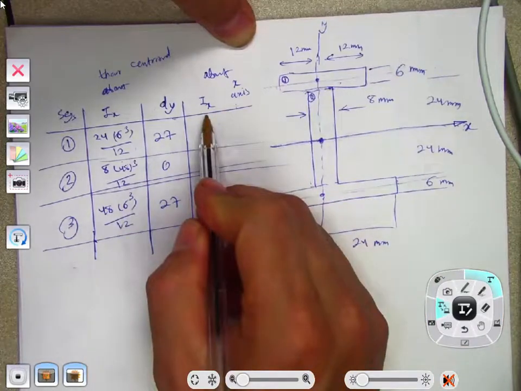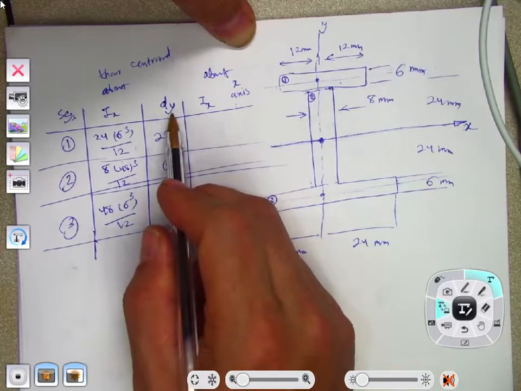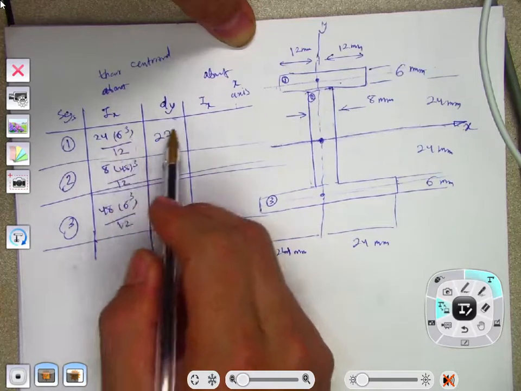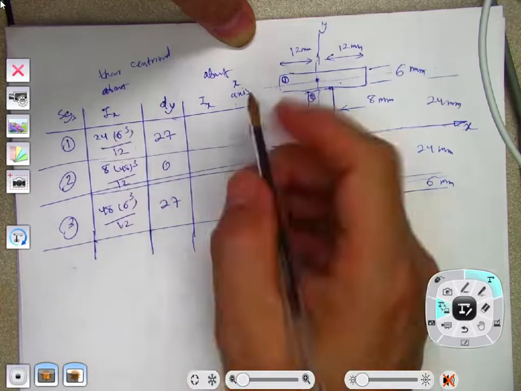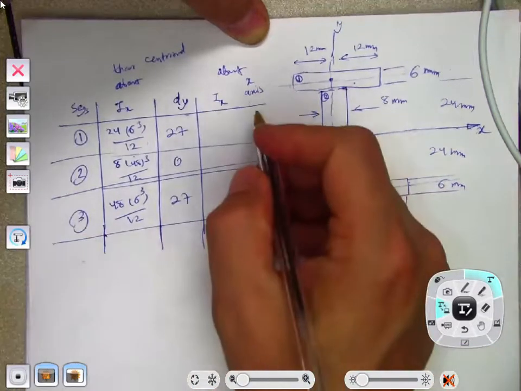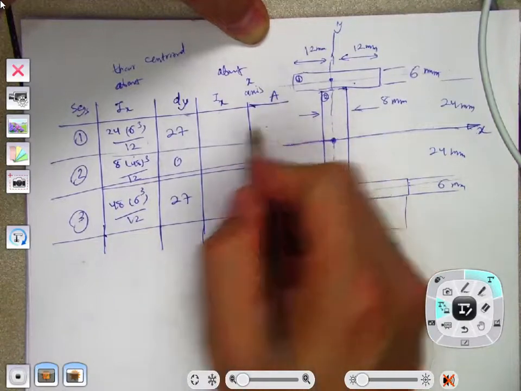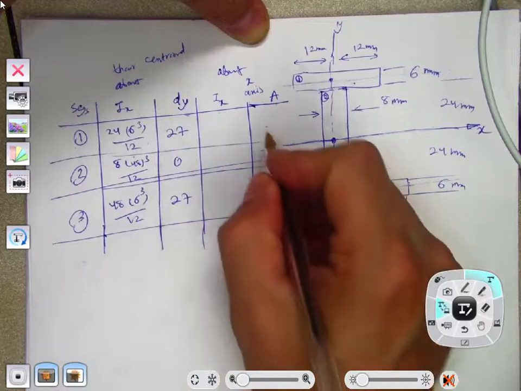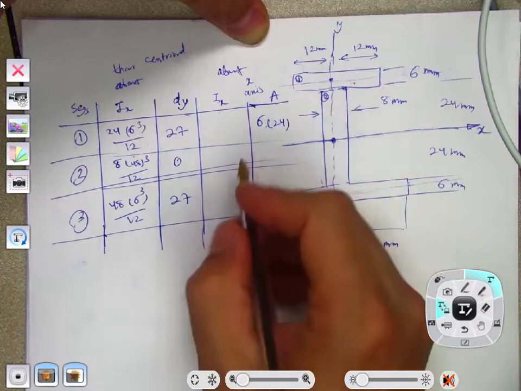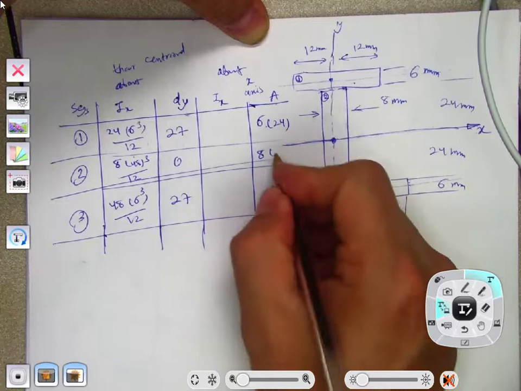To find Ix about the x-axis, we have to take dy, square it, multiply it by their area, and then add them to find Ix. Maybe it was a good idea for me to have a column for area, right? So the area for segment 1 is 6 times 24. For this one it is 8 times 48.